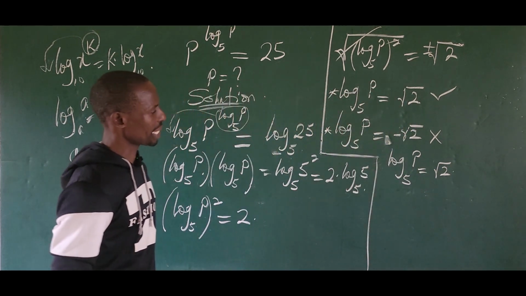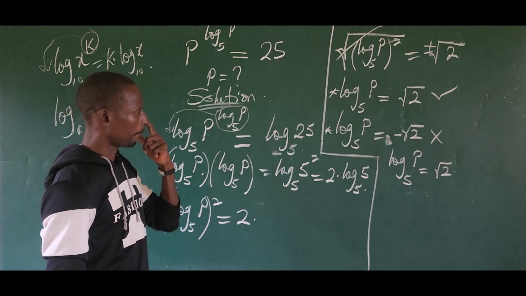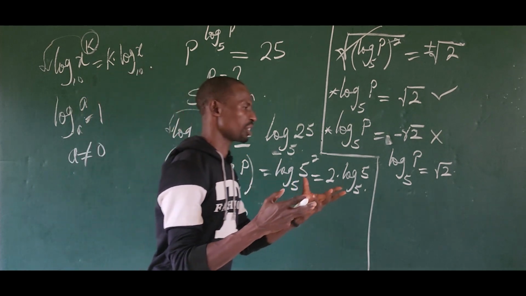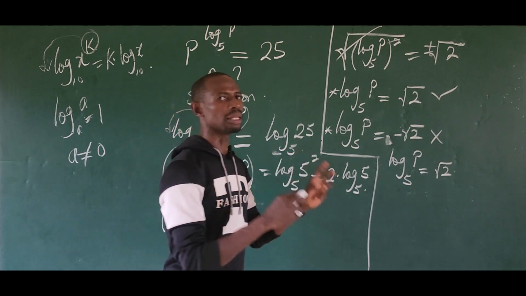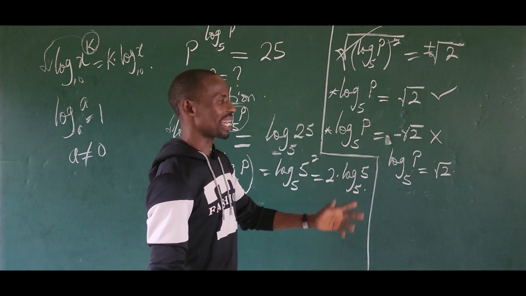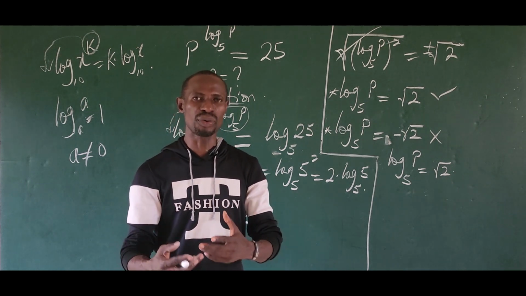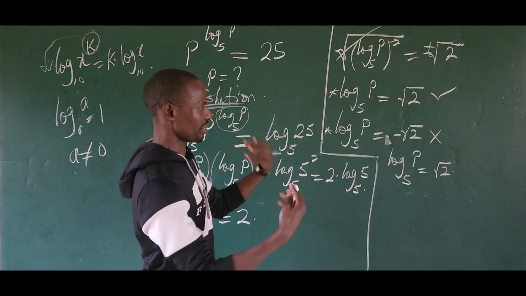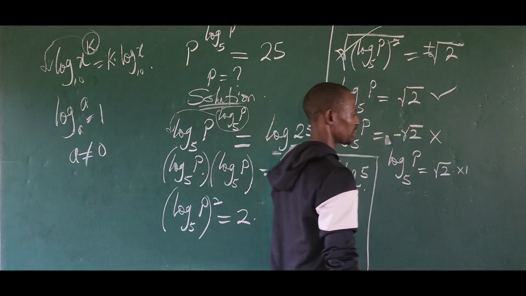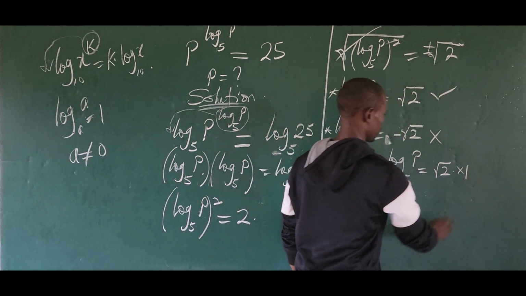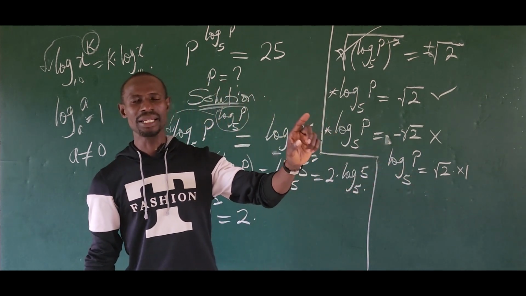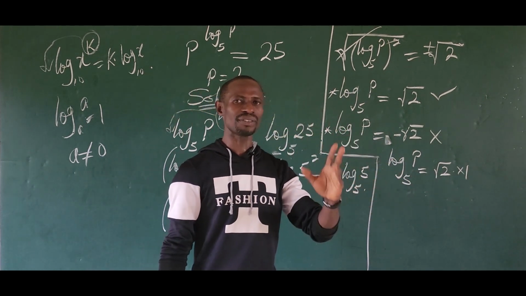So how do we get p here? We can use two methods. We can strike the relationship between indices and logarithm, converting this to index form. And at the same time, we can use some simple rules of logarithm. So let's use the simple rules of logarithm. This is times 1, which is the same thing as root 2. So what is our 1? We said the log of any number base itself is 1.